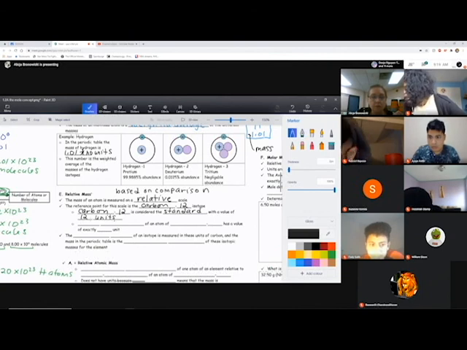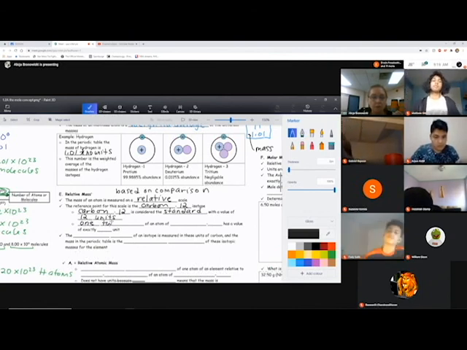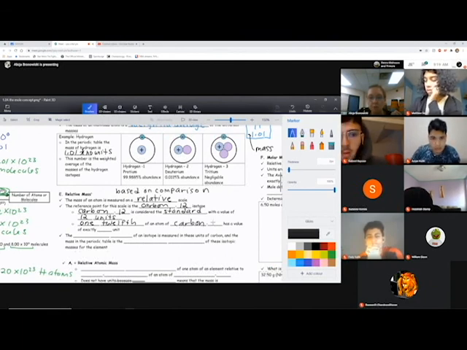So if I were to take these 12 units and divide it into 12, 1/12 of an atom of carbon-12 has a value of exactly 1 unit.